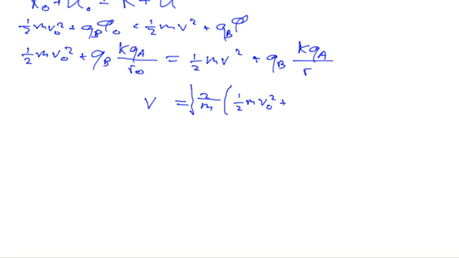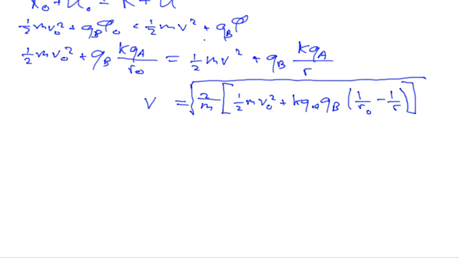They both have k qa qb in it, so I'll factor that out. And I think I want to make this into a square bracket then. K, QA, QB times 1 over R0 minus 1 over R. And I think that's the end of that bracket.